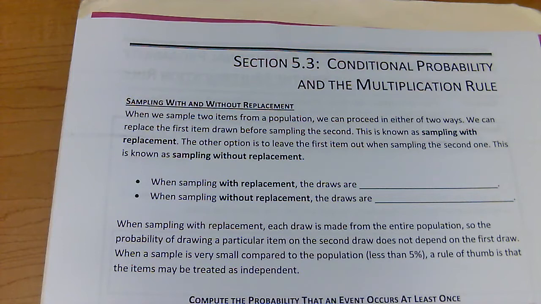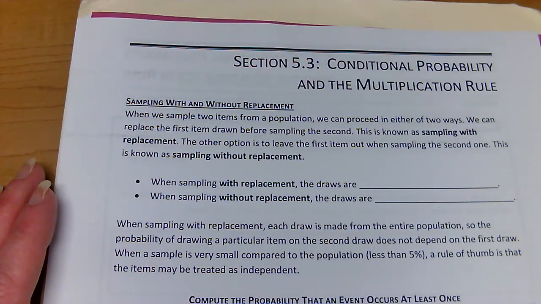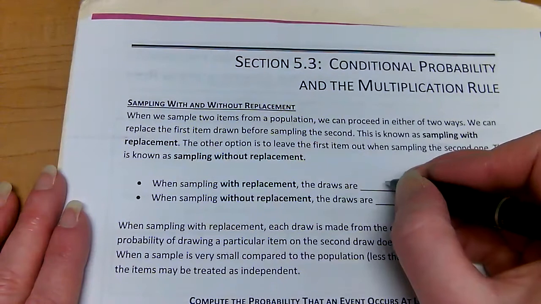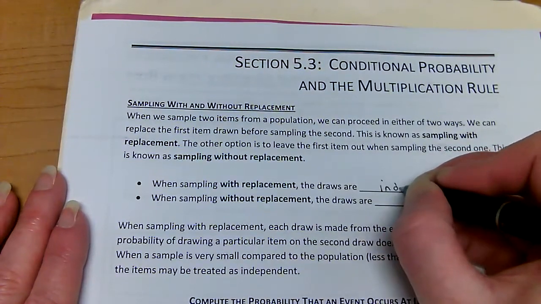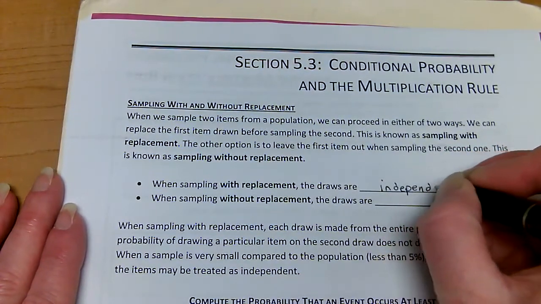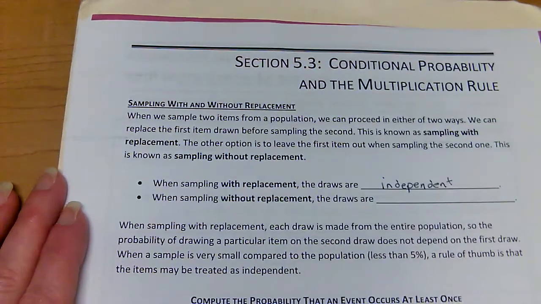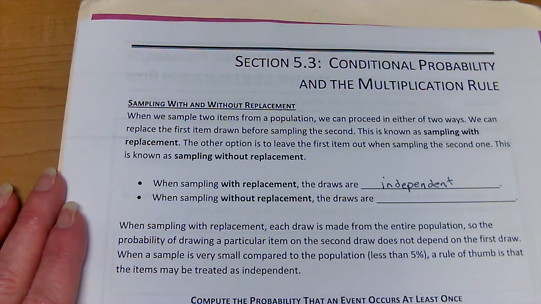So when we're sampling with replacement, the draws are independent. When I put that card back in the deck, I could draw it again, right? Okay. If I take that card and put it to the side, for one thing, it reduces my sample size, right?